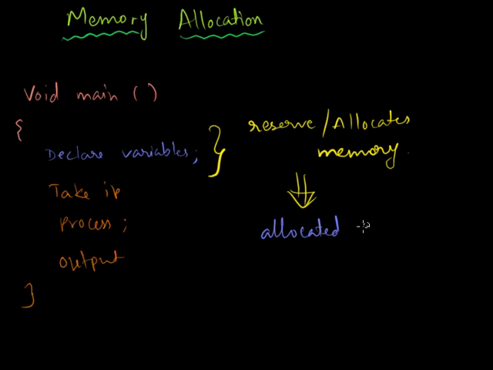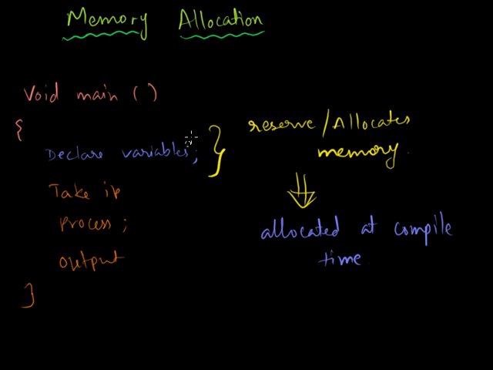Compile time means the compiler allocates relative memory, because memory is actually allocated when you run the program. But when the program is compiled, the compiler already sets what relative locations the variables will acquire when this program is run.